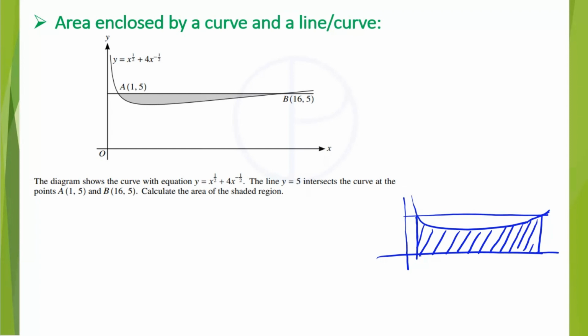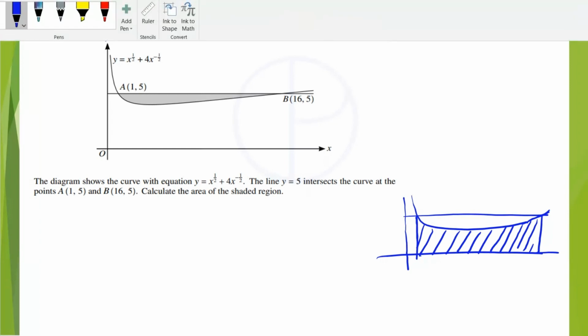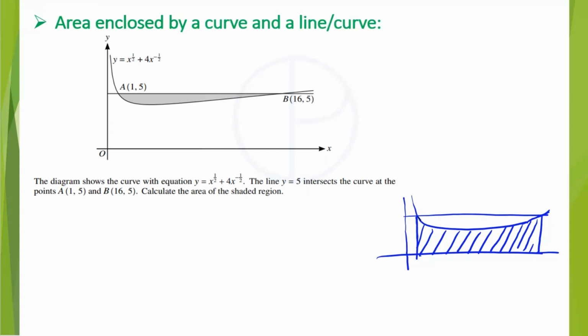We want the area between the line and the curve. But when you find out the area under the curve, you will get this part. But when you find out area under the line, you will get this part. Okay. But we want only the shaded region, that is this part.